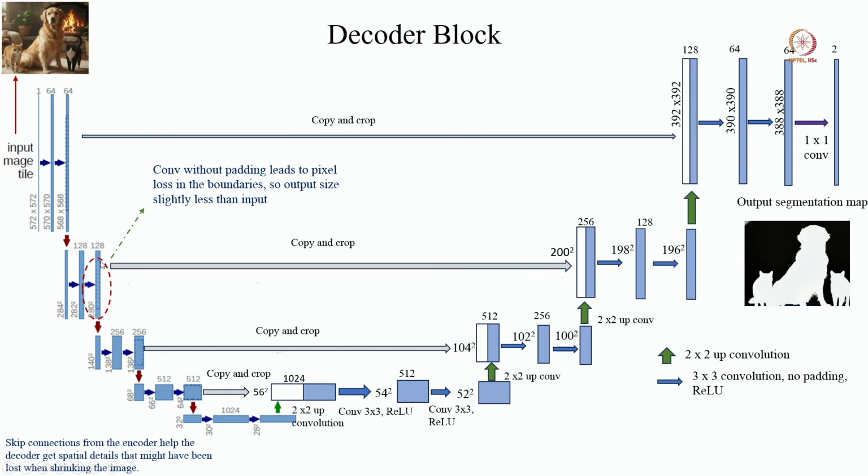So that is the reason we crop a portion, just to make sure that when we are doing the concatenation, the size mismatch is not happening, and that is the reason we do this crop operation.